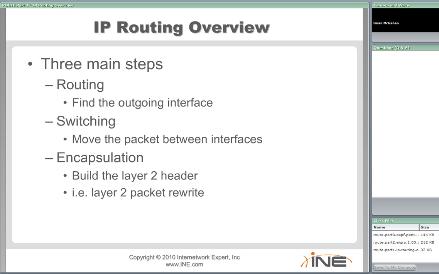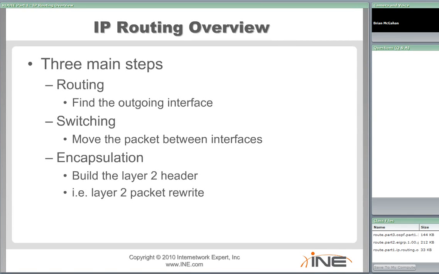Then our third step, encapsulation, is where we are actually building the new layer 2 frame. And this will be different depending on the individual encapsulation that we're using. So for Ethernet, this process would involve looking up the MAC address of the next layer 2 hop. For Frame Relay or ATM, it would be a lookup of what is the virtual circuit number. So for Frame Relay, that would be the DLCI number.